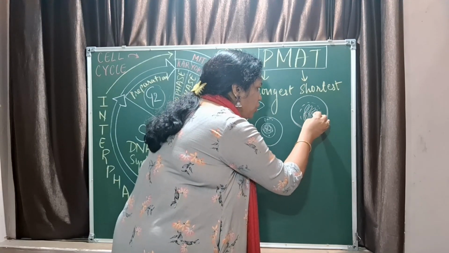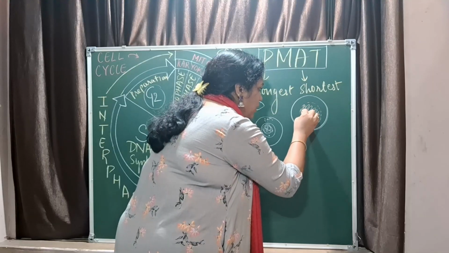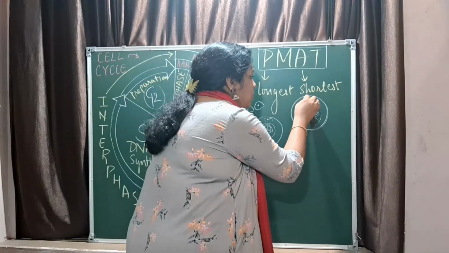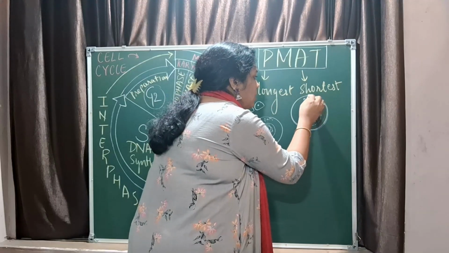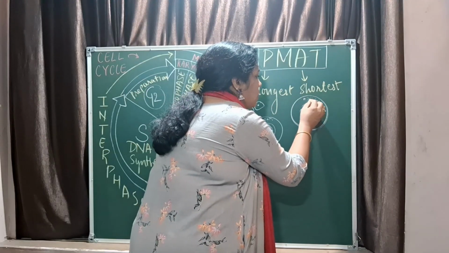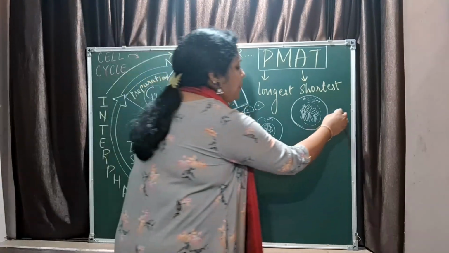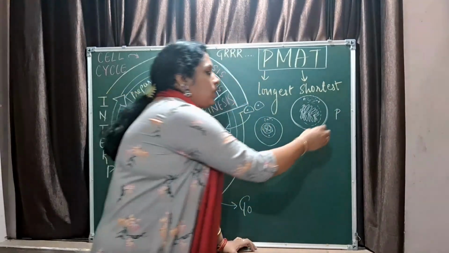I am drawing it for 4 chromosomes here. The number has to be maintained, children, till the last. And the centrosome, that is the centrioles, start moving towards the opposite poles and the spindle fiber begins. This is your prophase.